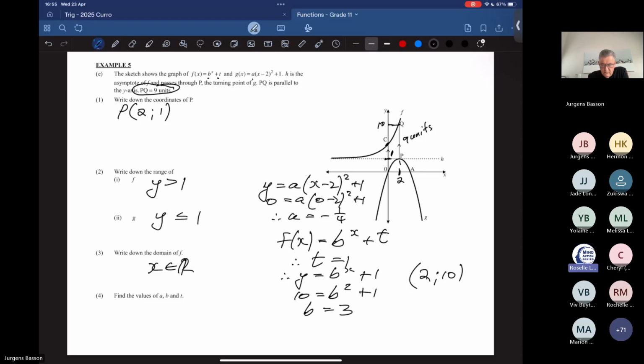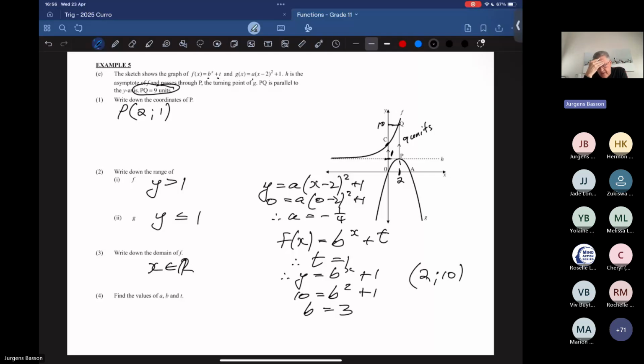In brackets, understanding that there is a vertical shift of 1 and the y-intercept shifted 1 unit up. That last part makes perfect sense, but I don't understand the PQ. Only PQ is this distance.